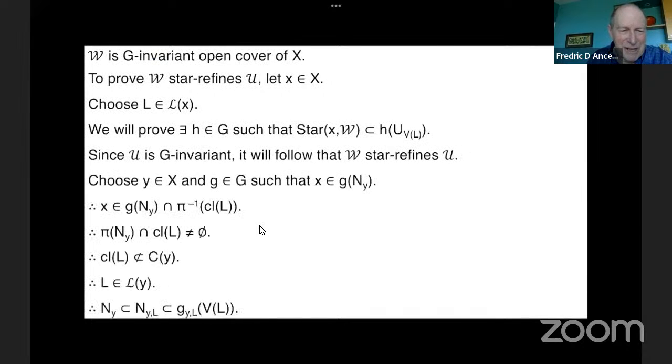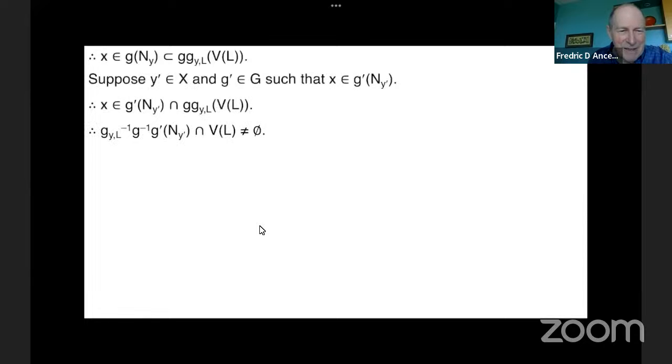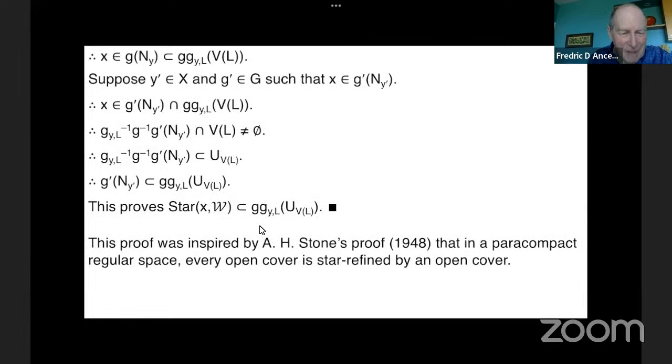It takes like 3 slides to get through this whole thing. Here's the remark: this is inspired by a proof of Stone, that in a paracompact regular space, every open cover is star refined by an open cover.